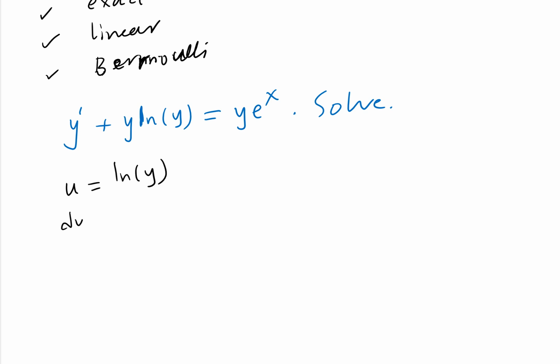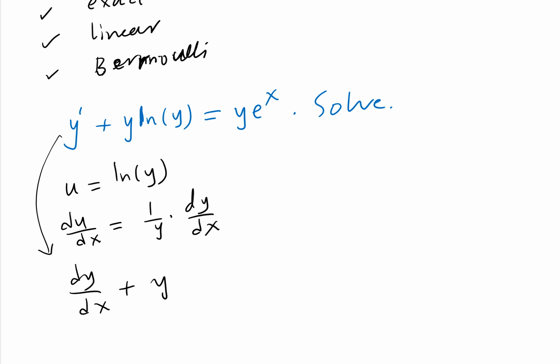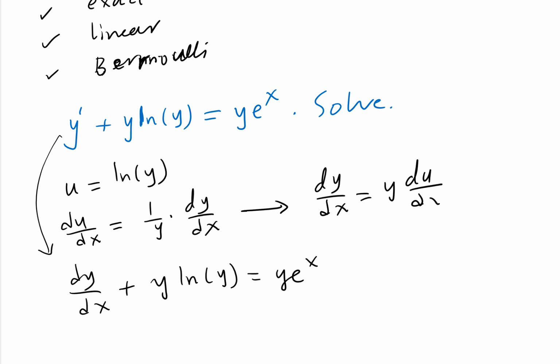Then du/dx equals 1 over y times dy/dx. From the equation dy/dx plus y ln y equals y e to the x, I'm going to solve for dy/dx, which is y du/dx. So everything is going to be transformed from dy/dx into du/dx.